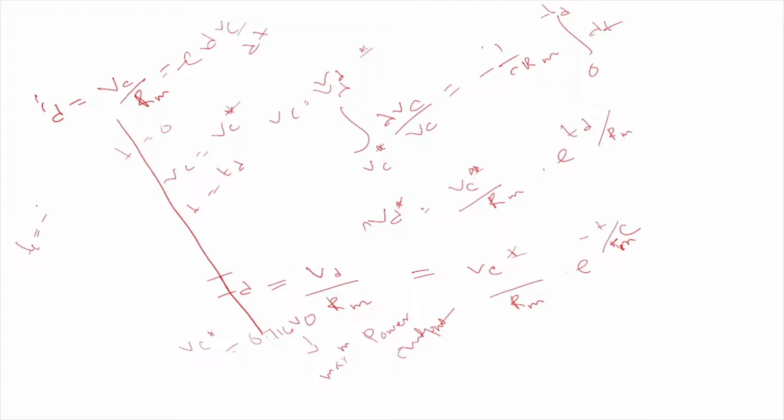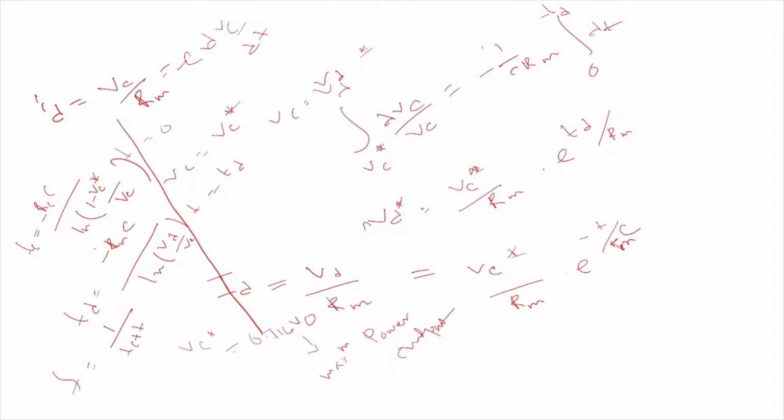Tc will be Rc into C ln of 1 minus Vc star by Vo, and Td will be minus Rm into C ln of Vd by Vc star. Okay, and frequency is derived by 1 by charging time plus discharging time. Okay, if you put it into the equation, you can find the frequency.